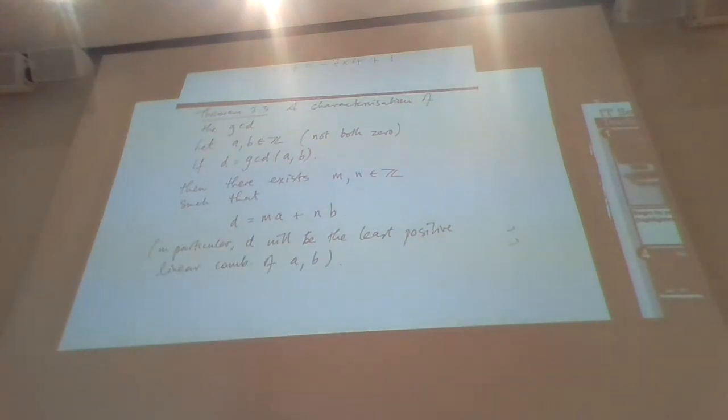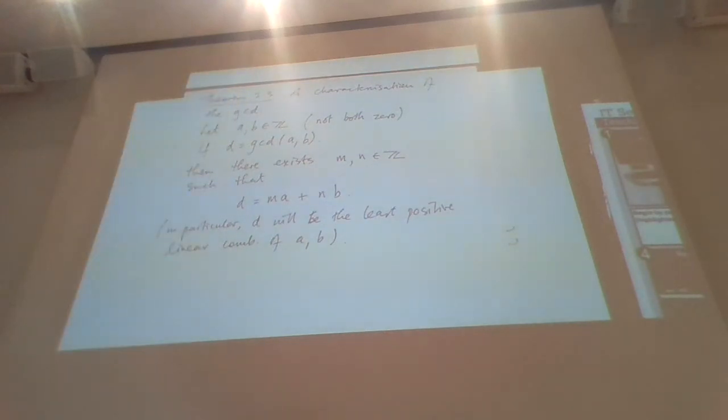So the greatest common divisor is prominent because not only is it the largest positive number which divides into A and B, but everything else that divides into A and B divides into the greatest common divisor. The greatest common divisor embodies all of the common divisors. And that comes from this result.